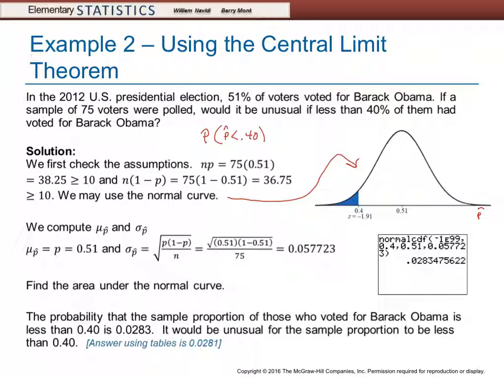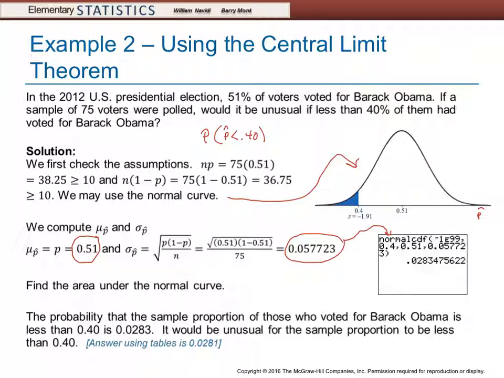We know what the mean value is, 0.51, and the standard error is 0.05773. Again, you don't want to round this if you can possibly avoid it. Then we plug it into the normal CDF, just like we did the last one.